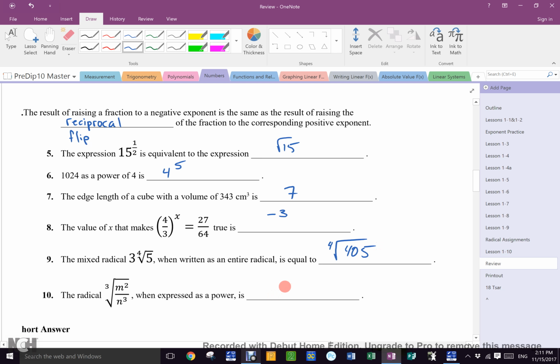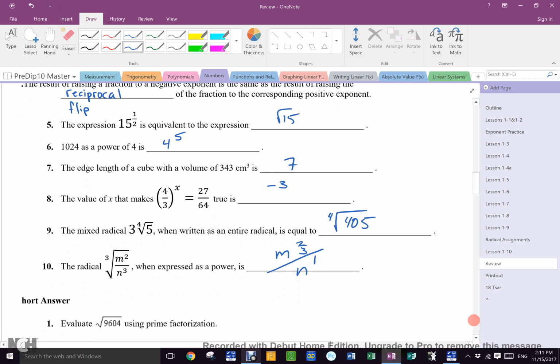And that is M. I'm doing the work right now. M to the 2/3 over n to the 1. So you don't need the 1. I will also accept... No, that's it, because I wanted it as a power.